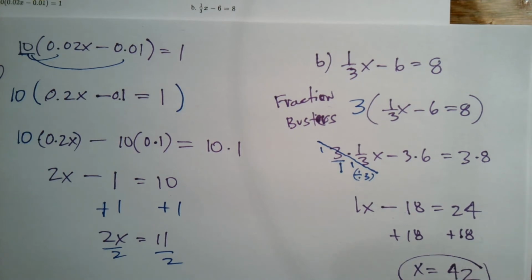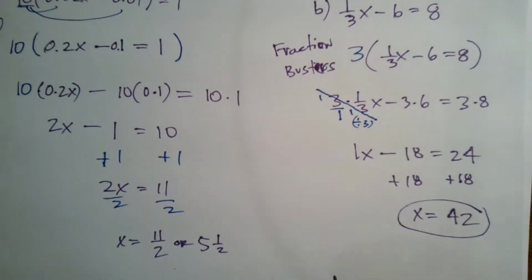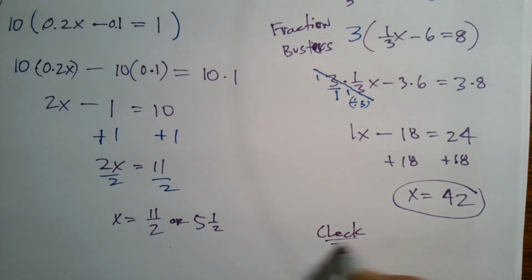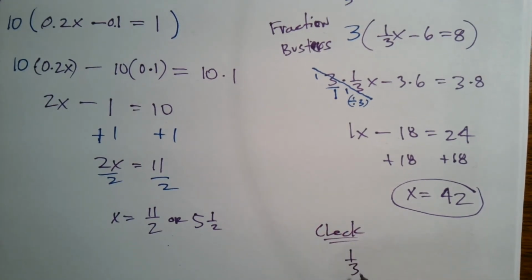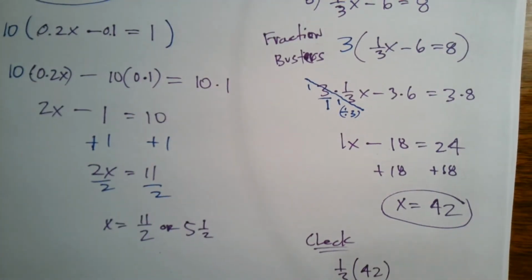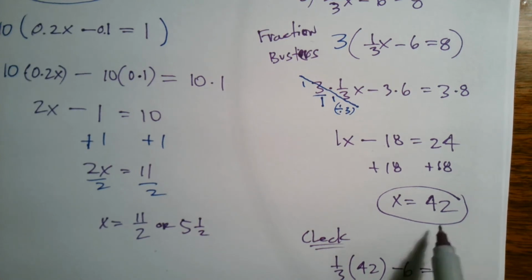It did say in the directions to check your answers, and checking your answers, I want to just maybe show this one, is taking that number that you got for x and plugging it back into the equation to see if it works, right? So what does a check look like? It's 1/3 times 42 minus 6 equals 8. So that was the original equation, but now my x is 42.